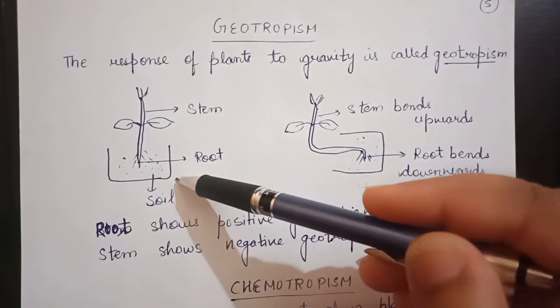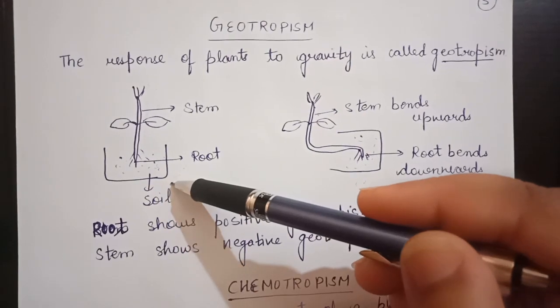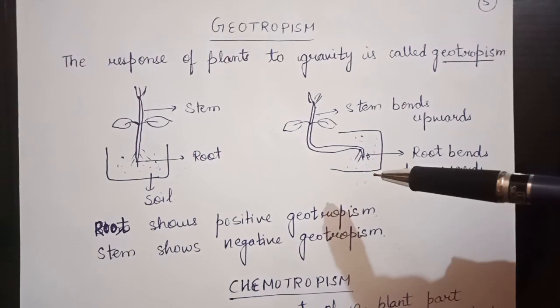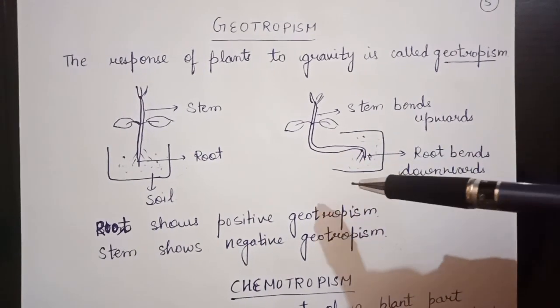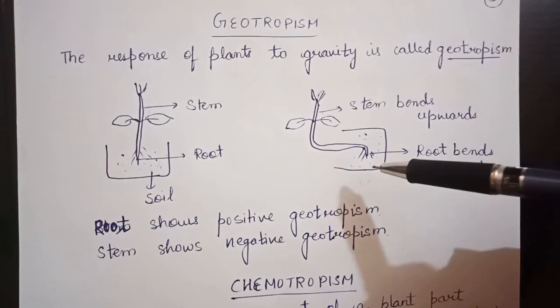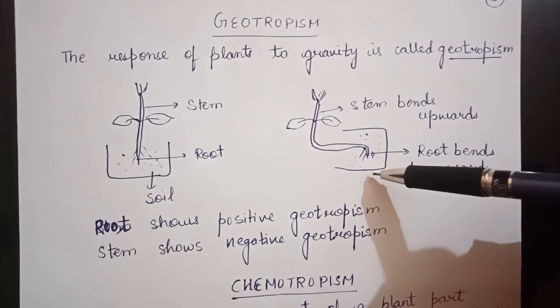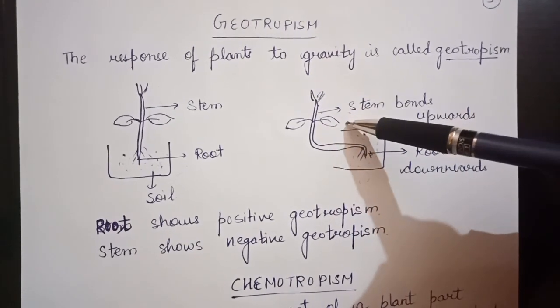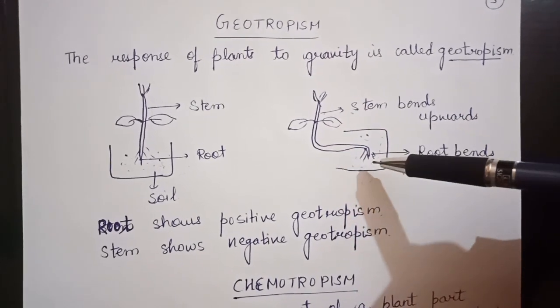So in this case also the geotropism is there, but it is more clear in the tilted position of the pot. So the roots are showing positive geotropism, and the stem is showing negative geotropism. Why positive?